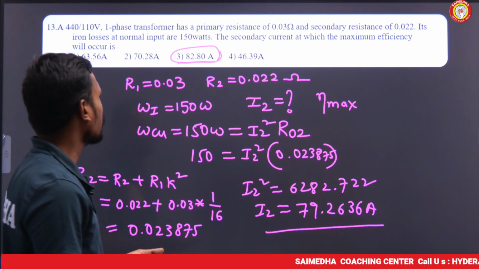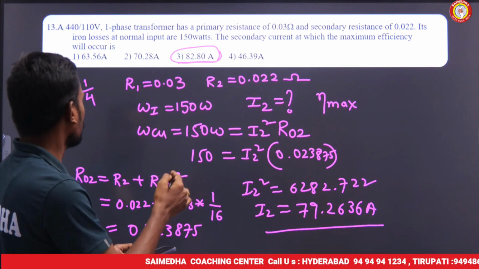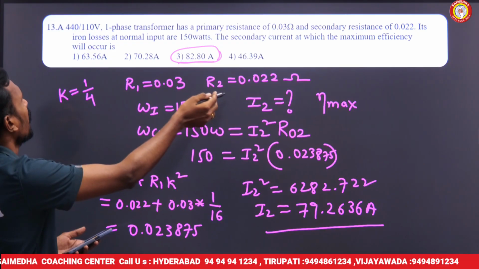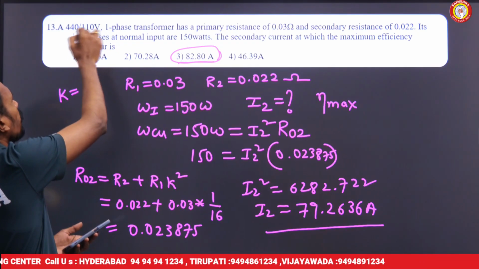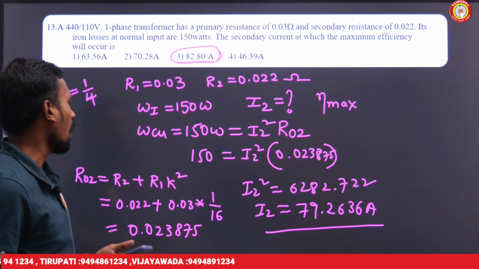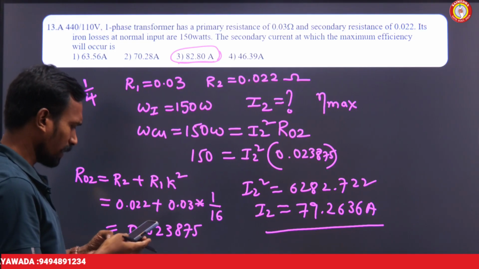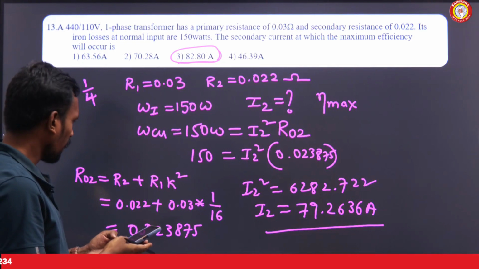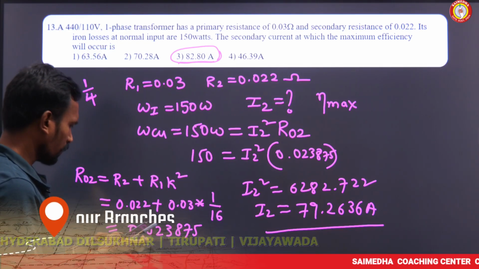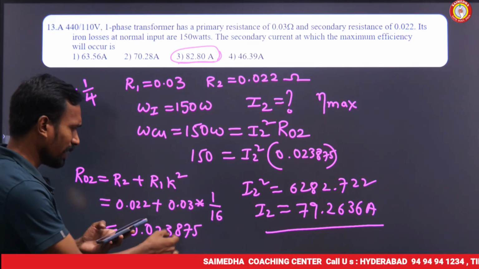Okay, so once again to calculate, 150. R02 is nothing but R2 plus R1 dash. Here K is equal to E2 by E1, which is 1 by 4. R1 dash is R1 into K square. So once again I am doing 0.03 upon 16 plus 0.022, which gives 0.023875.